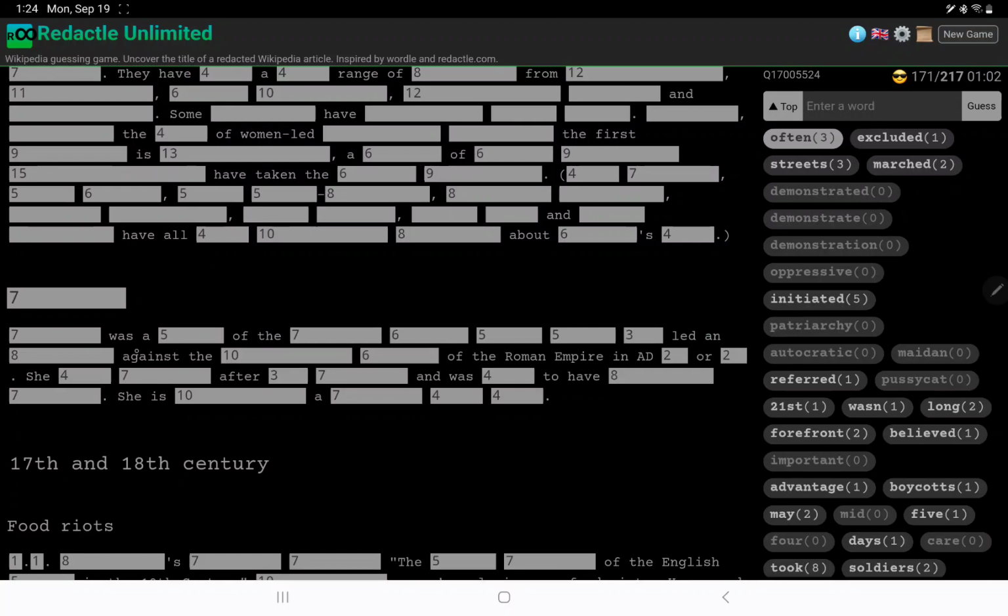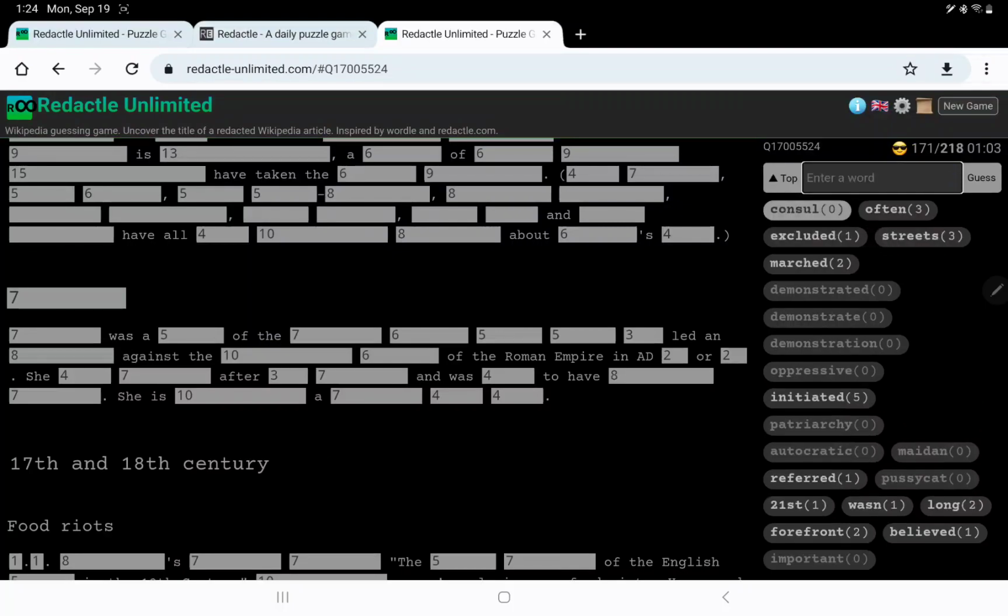Led an 8 against the 10-6 of the Roman Empire. Maybe against the consul? No, against the something. But what's that 8-letter word? It begins with a vowel. Is that the singular of the 9-letter word I'm trying to find?